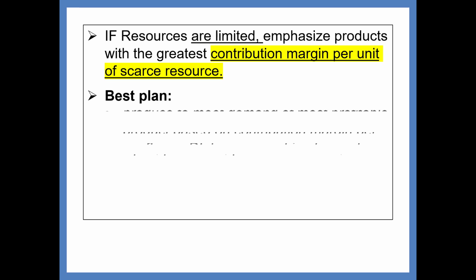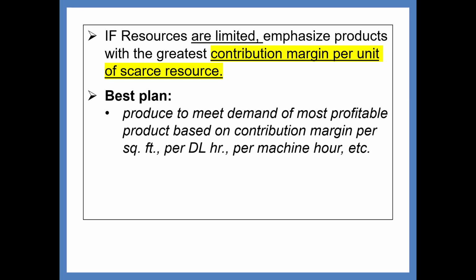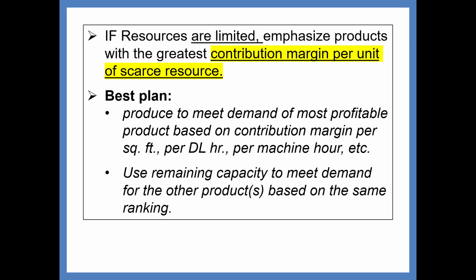Once you do that, to maximize profitability, you'll produce to meet demand of the most profitable product based on that contribution margin per square foot, per labor hour, per machine hour, etc. Then you'll evaluate all of the other products and use the remaining capacity to meet demand for the other products based on this same ranking. Now, this is easier to show you with an example.